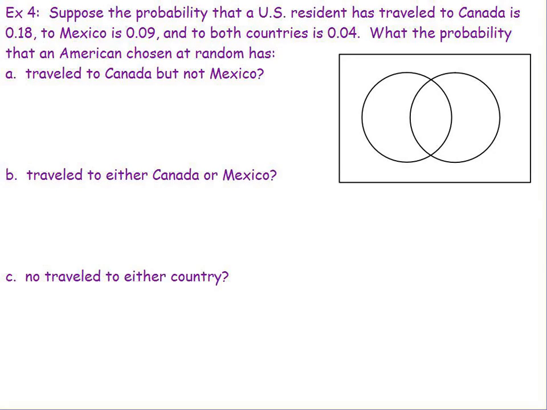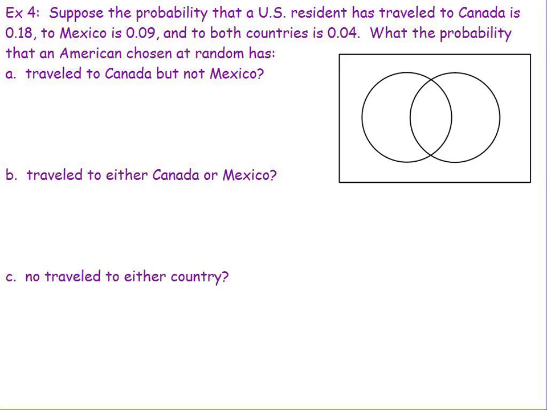All right, so suppose the probability that a U.S. resident has traveled to Canada is 0.18, to Mexico is 0.09, and to both countries is 0.04. Let's do our Venn diagram. Now, notice the numbers, I didn't say 18% and I didn't say 9%. I said 0.18 and 0.09.